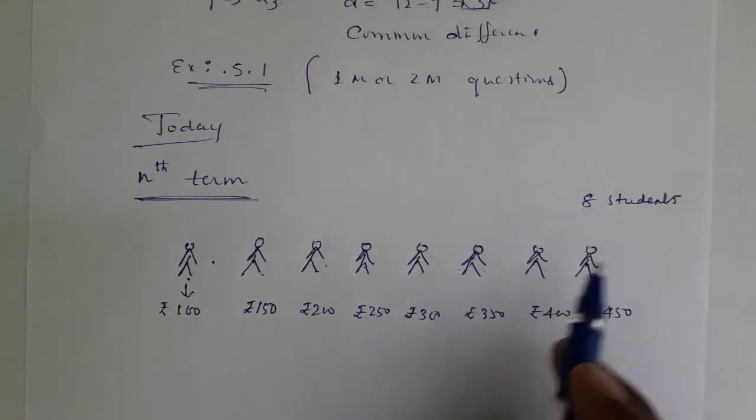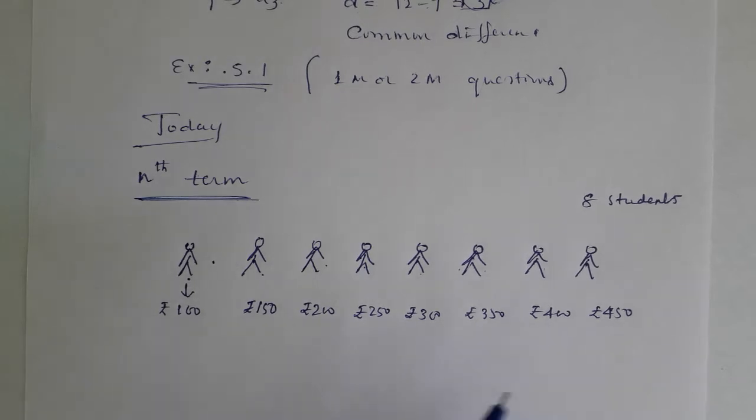So totally 8 students are there. It starts from 100 and finishes at 450, with an increment of 50 each time.